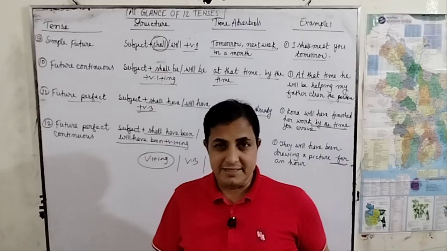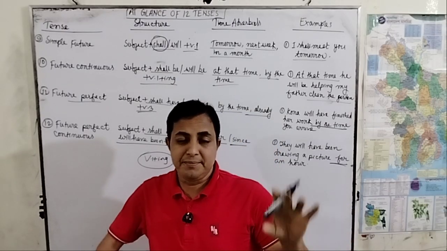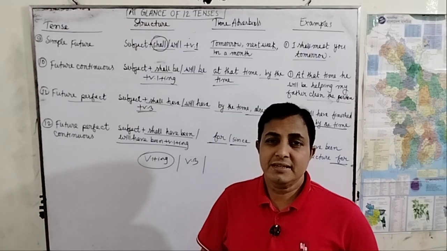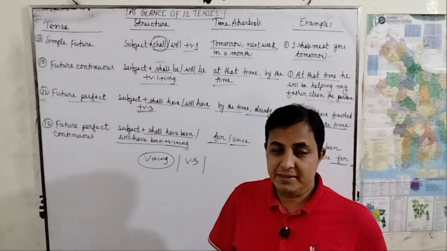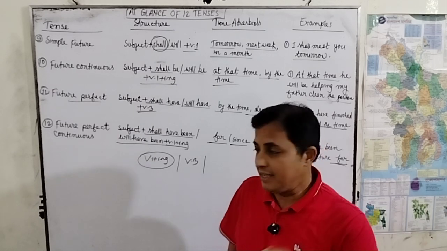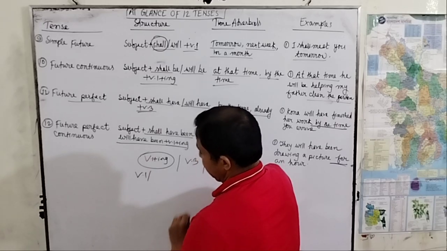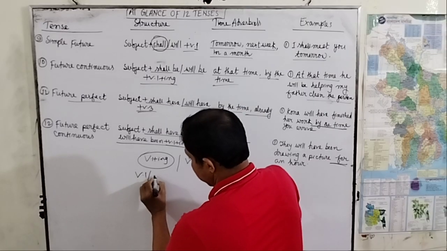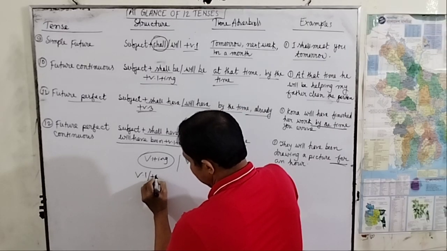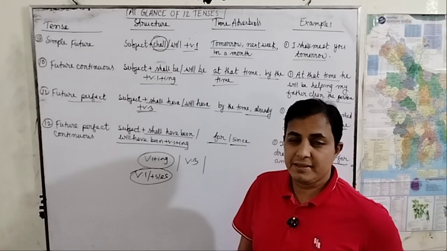And the 3 indefinite tenses: present indefinite, future indefinite and past indefinite. Present indefinite takes B1, but if the subject is third person singular in the affirmative form, you have to use S or ES. Only affirmative.